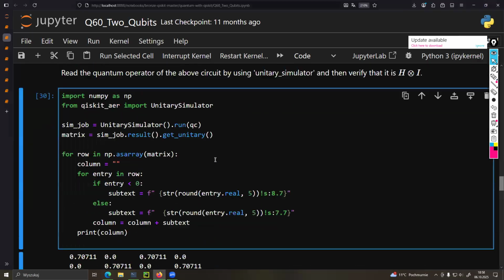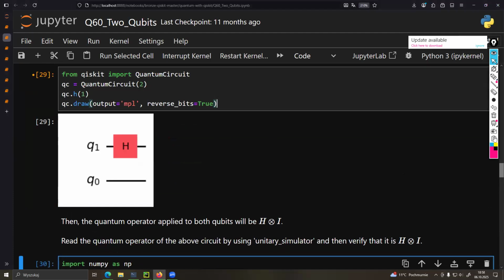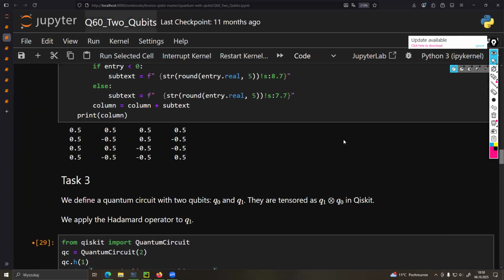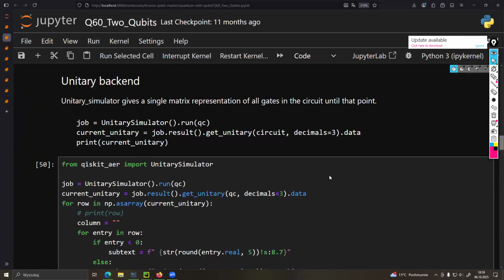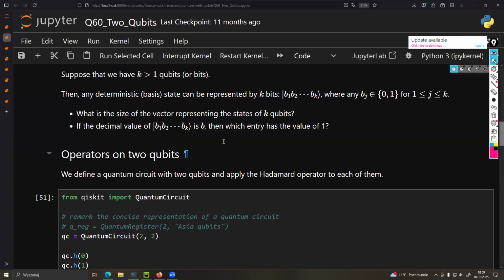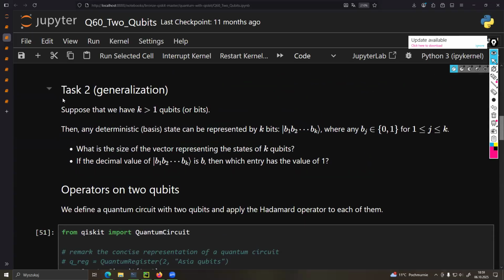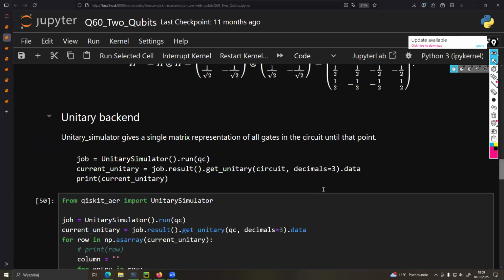So here the same method. Now we investigate both of these tasks that are presented to us in Q60. We either want to display the result of a single H tensor H and H tensor I. And what is the implication when we do a unitary simulator?